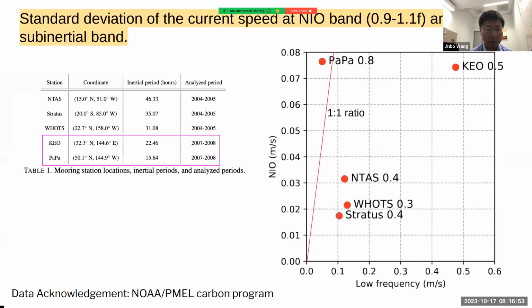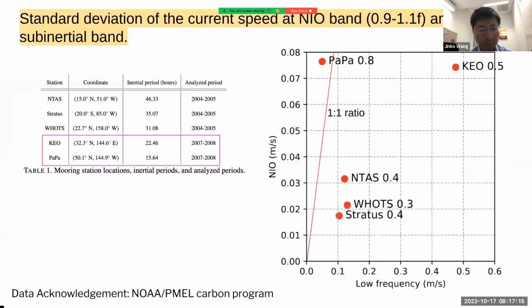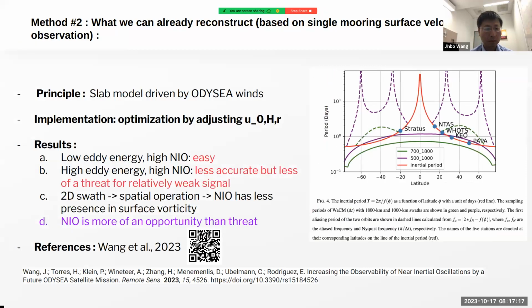that brings to the third point. Can you go back, Clément? Oh, sorry. Yeah, the 2D swath gives us the ability to do spatial operations. You can do derivatives, derive the vorticity. You need to advance the slide. Sorry, right now we're on the presentation of method 2 slide.